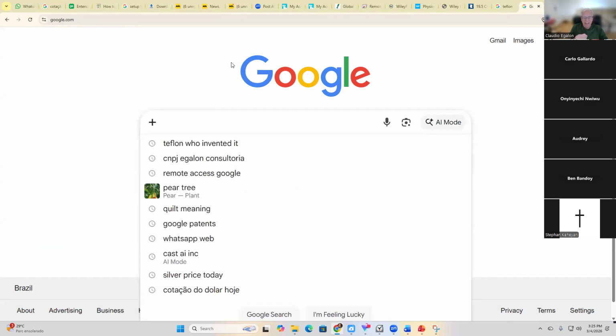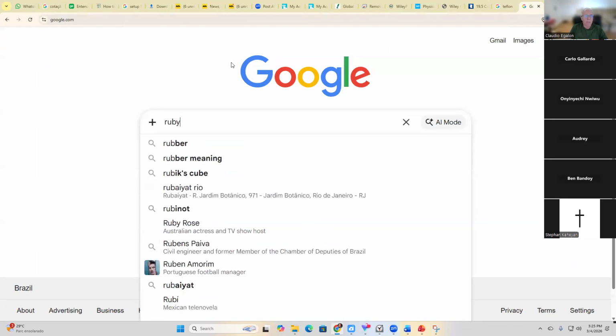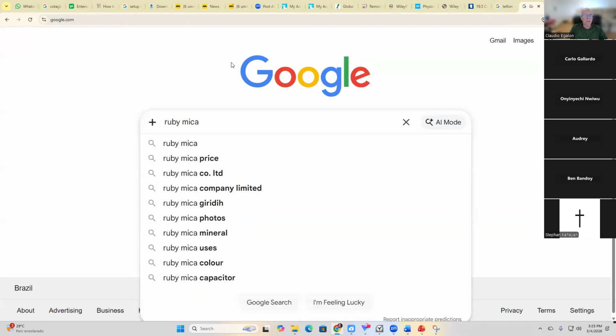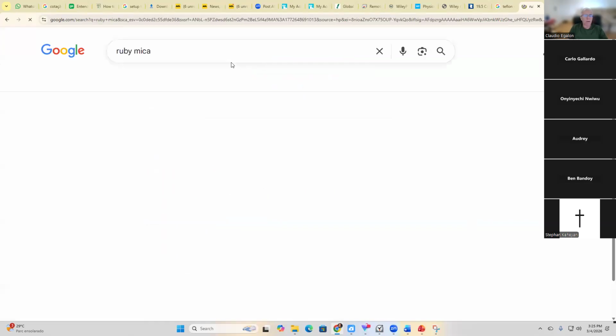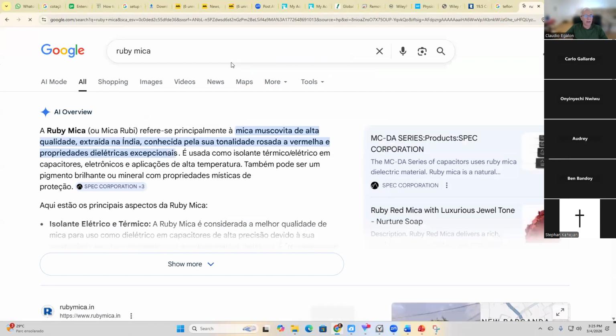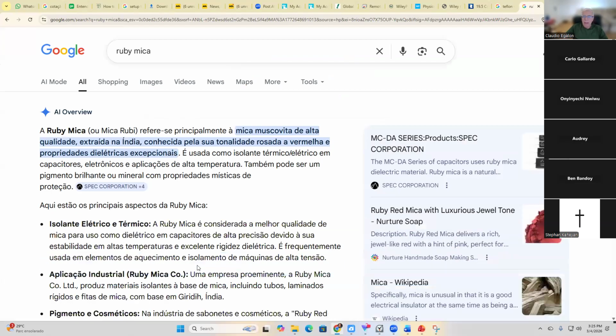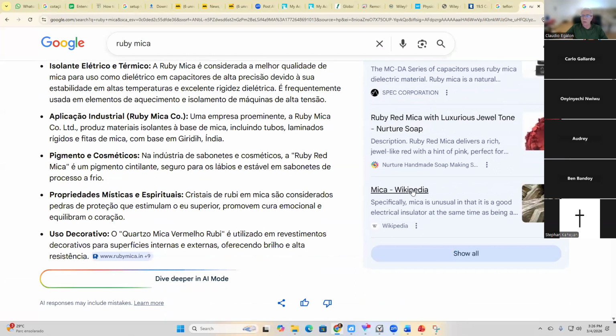It looks like a glassy material. When I was growing up, I used to look at those stones out there, and I would see that. Ruby mica is reddish, okay? But mica is transparent.